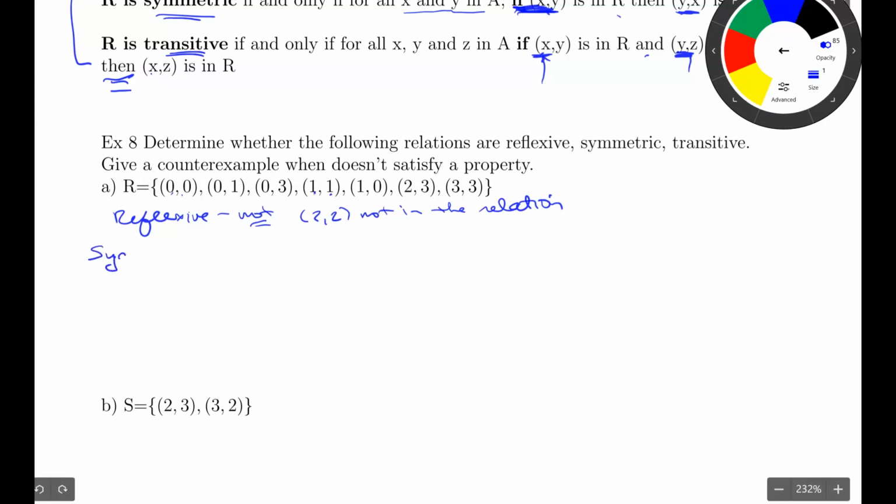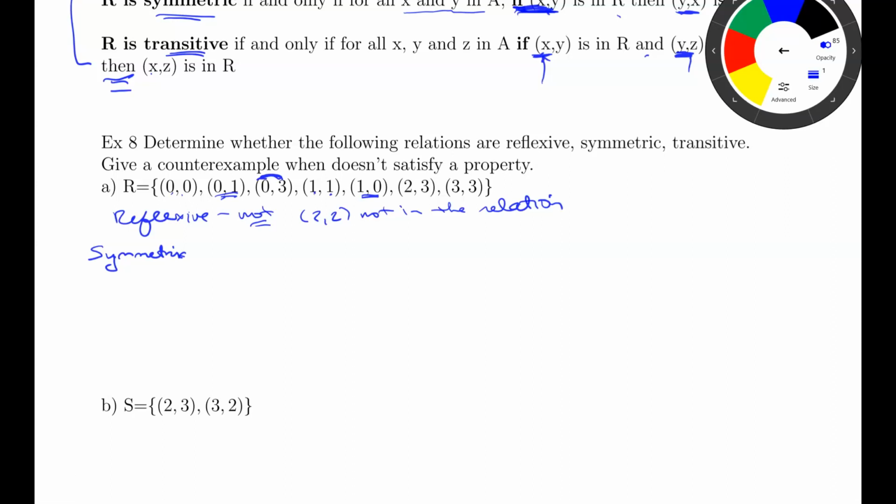Okay, so to be symmetric, it has to be an if-then. If I see 0, 1 in the relation, that means I have to be able to find 1, 0. Oh, I do. Okay, so let's go for the next one. So 0, 0, that's kind of easy to go back to 0, 0. Okay, 0, 3. So 0, 3 is in the relation.